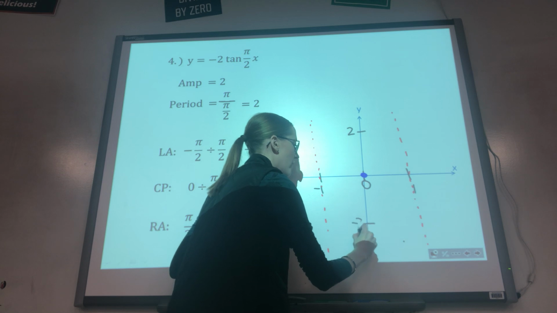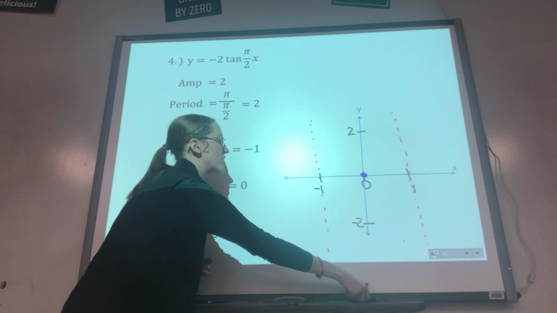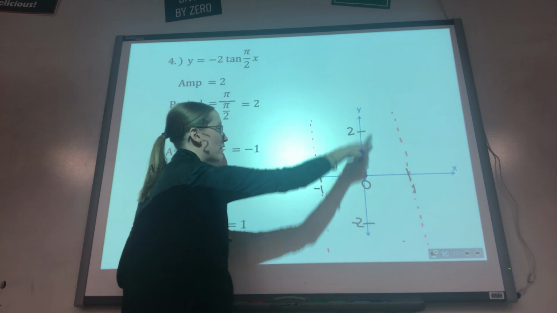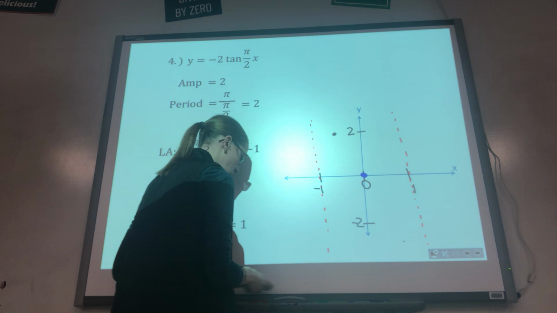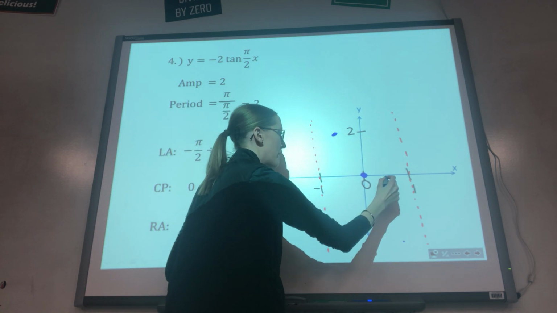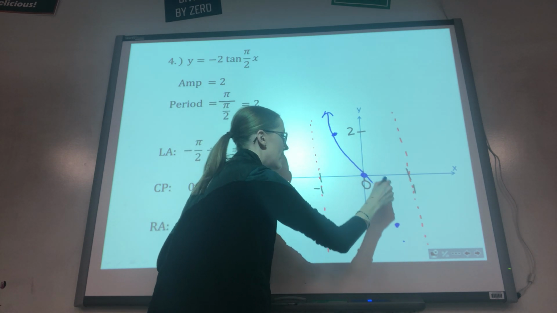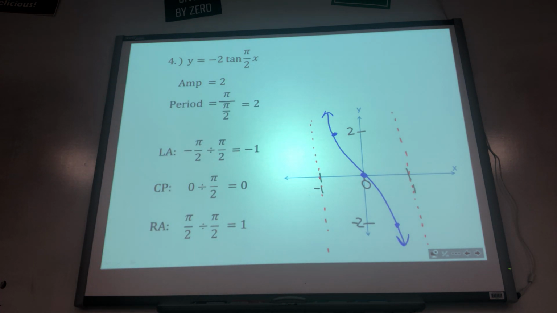You can just use the lines on your paper to do that part, but it does need to go with a 2 and a -2. So instead of down to the left, up to the right, it is flipped, so it actually resembles more of a cotangent graph. Halfway between right there will be going down. It is kind of a vertical stretch here, so it should look a little bit taller.